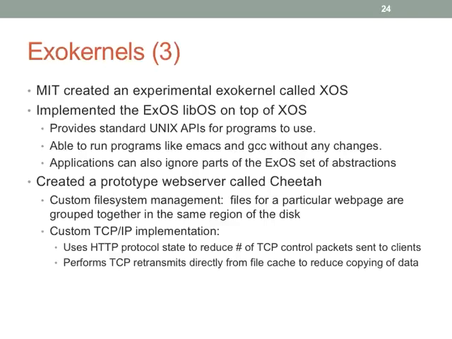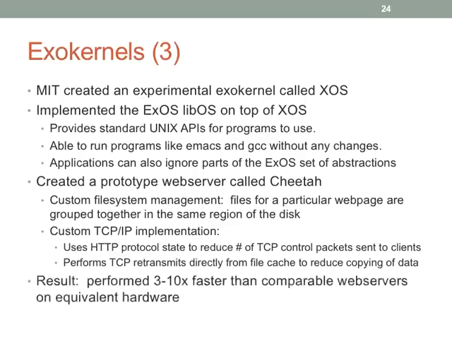Why not collapse those buffers? So now TCP retransmits come directly out of the file system cache. That's fast. So they were able to get, again, nearly an order of magnitude improvement over comparable web servers at the time because they were getting so much of the overhead out of the way, which is pretty clever.